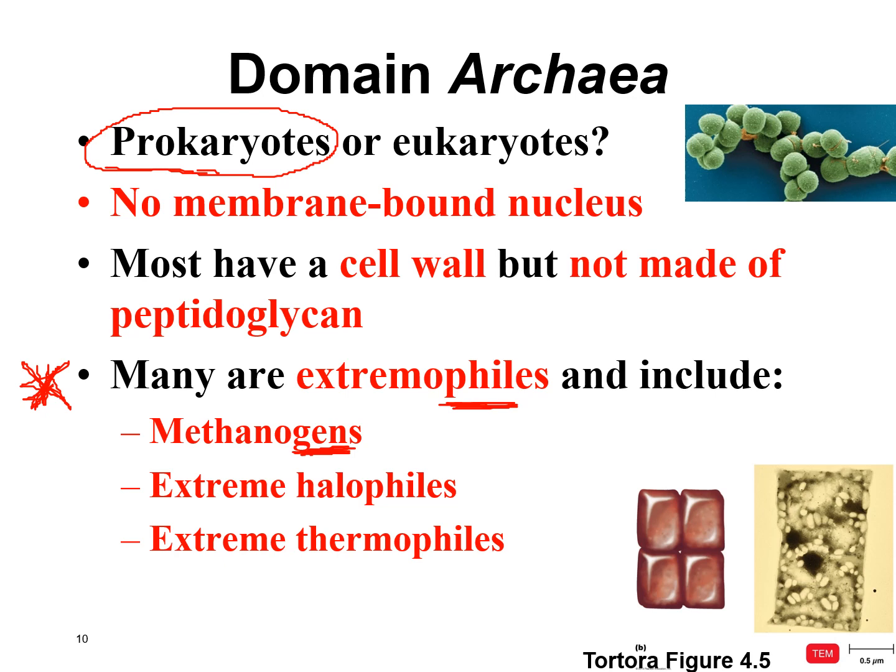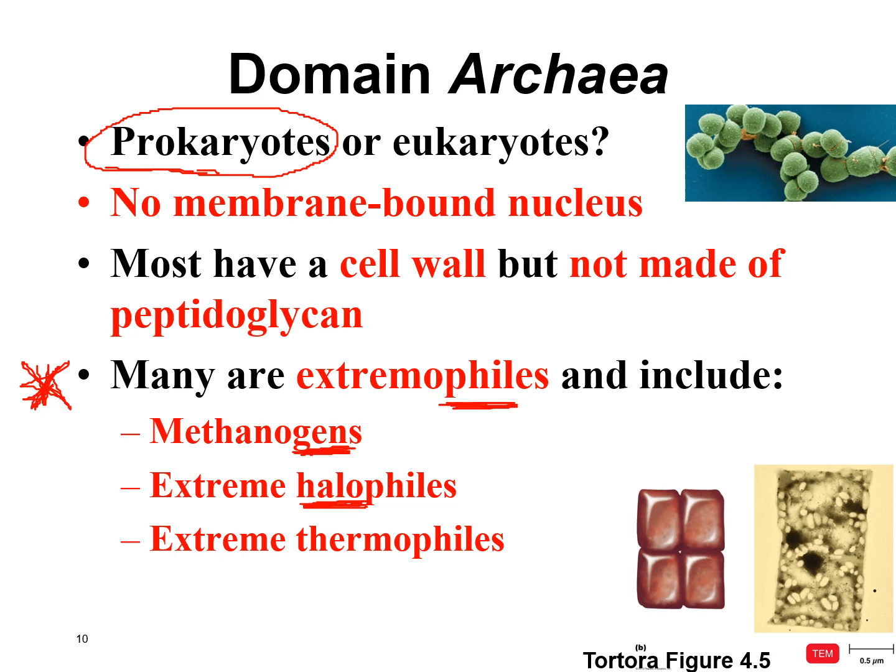We also have halophiles. Think about where they might love living. What does halo mean? So halo means salt. So these like to live in very salty environments. There are Archaea that are extreme halophiles that like to live, for example, in the Great Salt Lake.